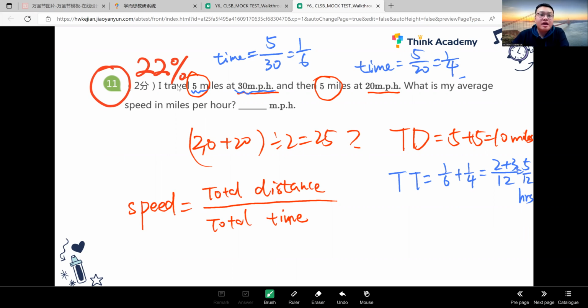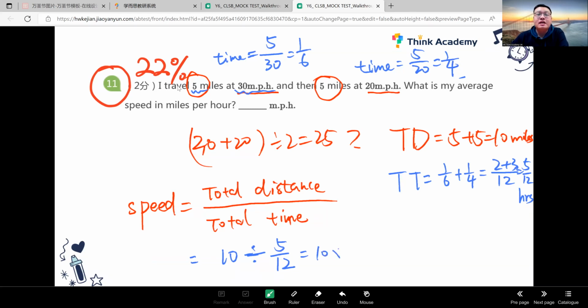The speed then equals the total distance, which is 10, divided by the total time. We know that the fraction line is equal to the division operation. So divide by 5 over 12, which is the total time. So you times the reciprocal of this fraction.